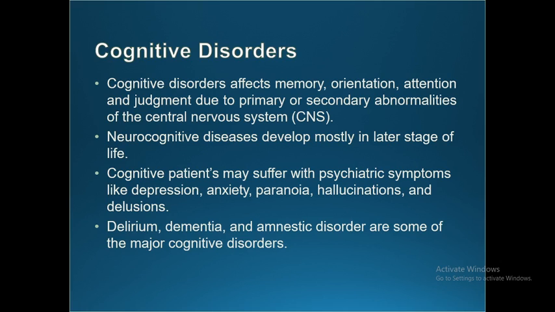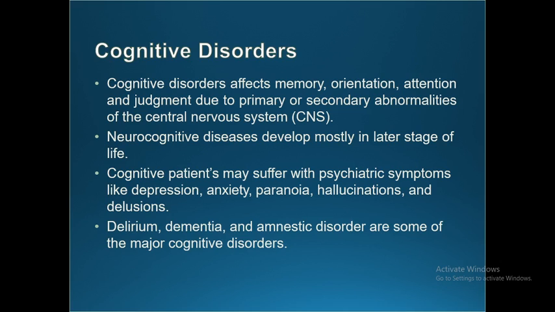That means they affect memory, orientation, and attention, causing an altered level of consciousness, due to a damage that directly affects the central nervous system, or a damage that secondarily affects it. Sometimes one thing happens, and that secondarily damages the central nervous system, not as a direct effect.